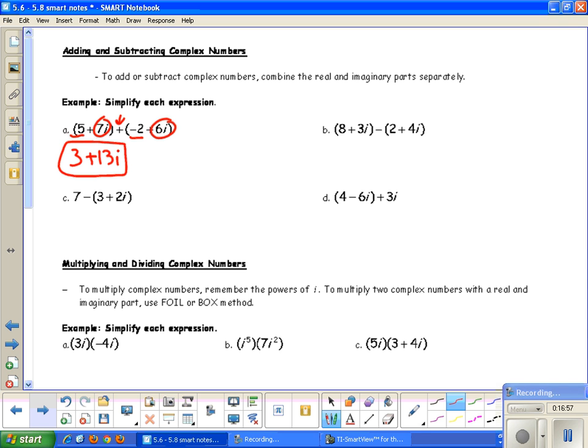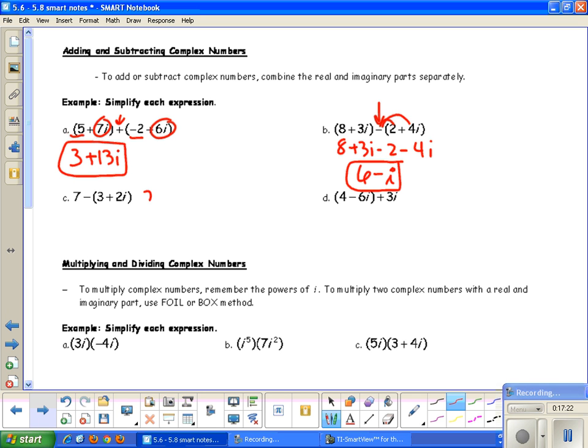So if you look at B, notice we have this negative here, which needs to get distributed to each of these. So 8 plus 3i minus 2 minus 4i. Now I need to combine my like terms. So 8 minus 2 is 6, and 3i minus 4i gives me minus i. And notice I'm always writing it in complex number form, the real part first and the imaginary part second.